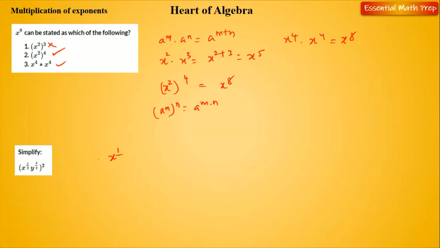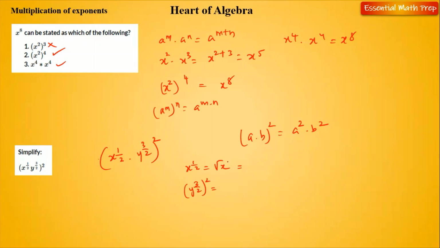So we have x power half times y power 3 by 2, all squared. You can do it this way: a times b squared is a squared times b squared. So it's x power 1/2, which is the same as the square root of x, and then y power 3 by 2 squared.